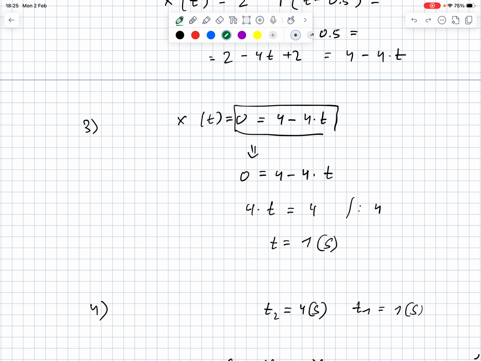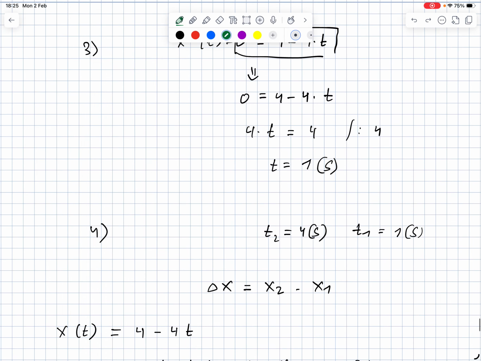Next step, if we want to find time, we need to divide both sides by 4. And finally, we get this time of 1 second, which is when the object itself is going through the origin of x, which means x of t equals 0.